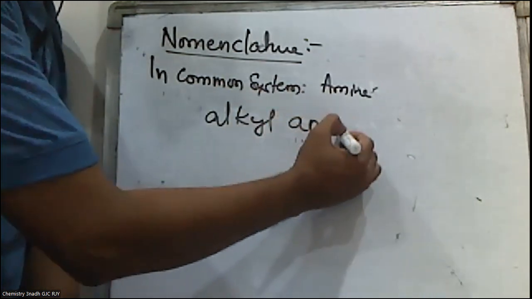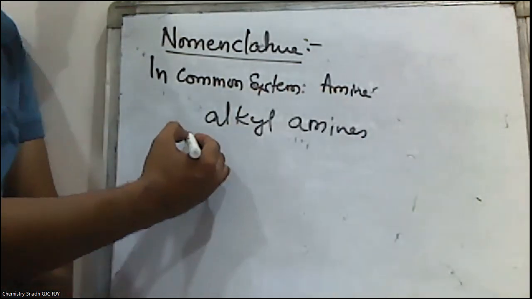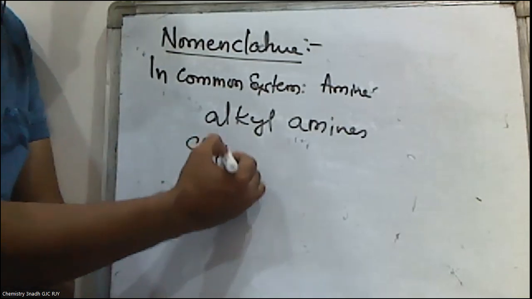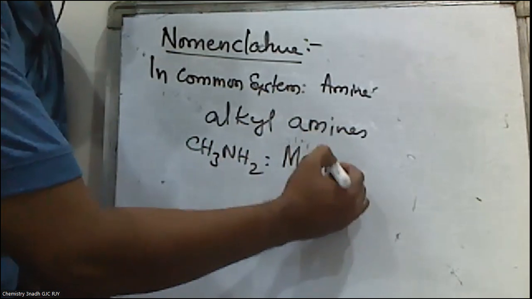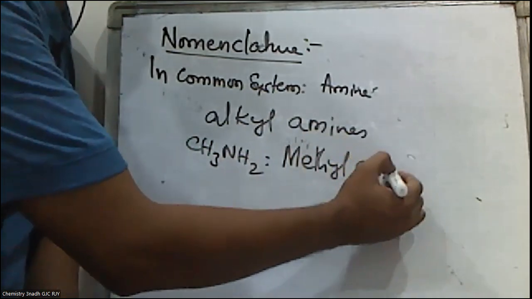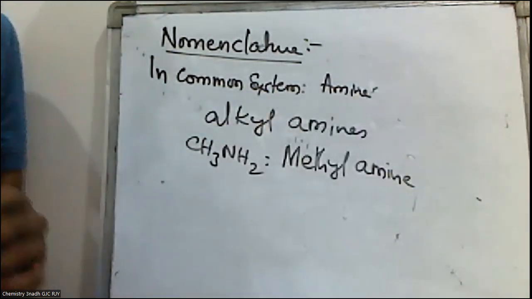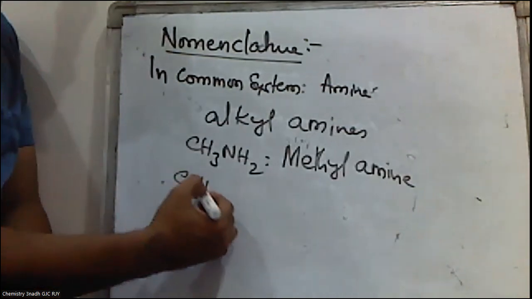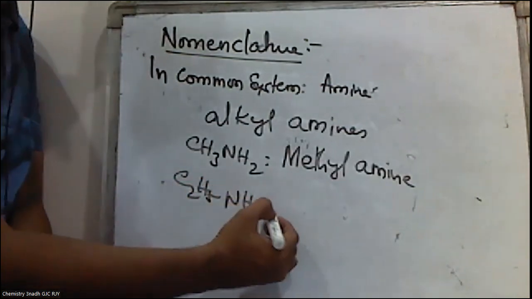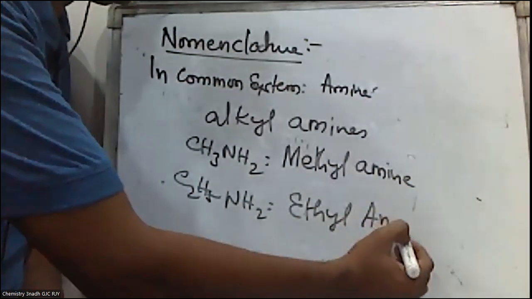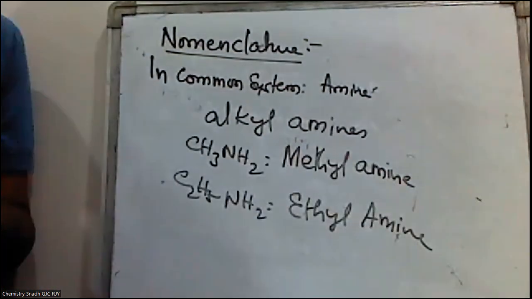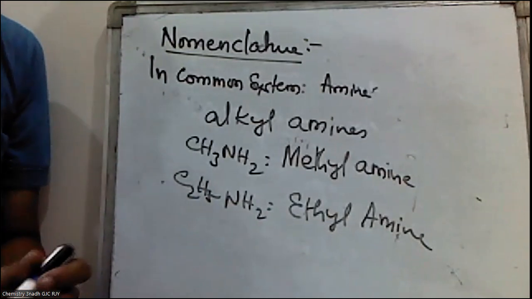For example, CH3NH2 in the common system is called methyl amine. C2H5NH2 is called ethyl amine.